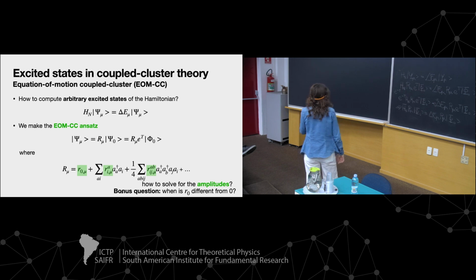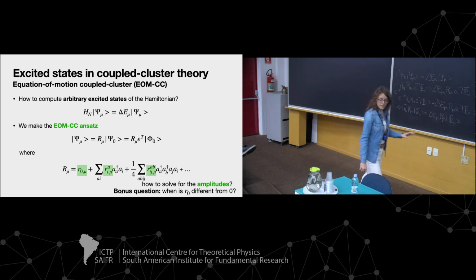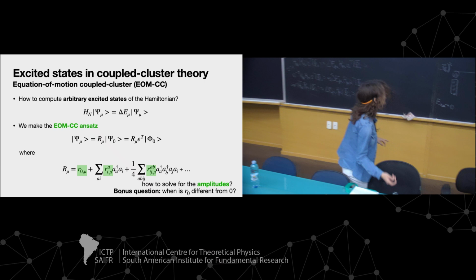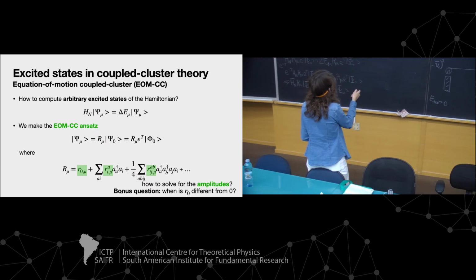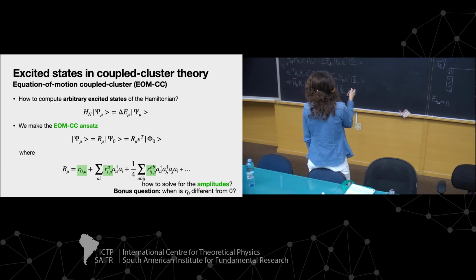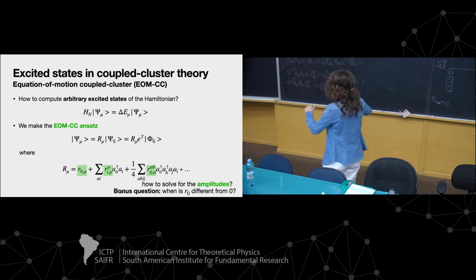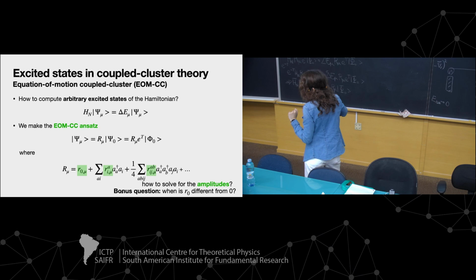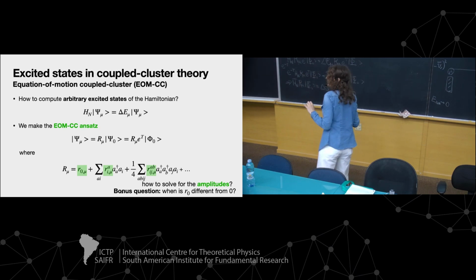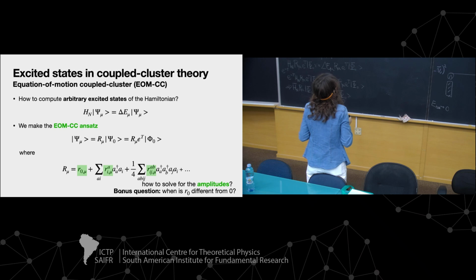No, no. The fact that it's not exact is given by the fact that here this T is truncated. It does not get to N particle N hole, it gets up to 2 particle 2 holes, or 3 particle 3 holes. That's the fact that it's a good approximation. That's the meaning. This equation?